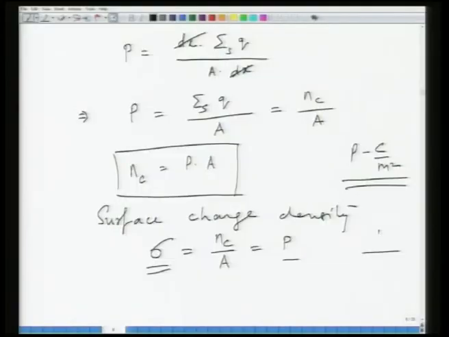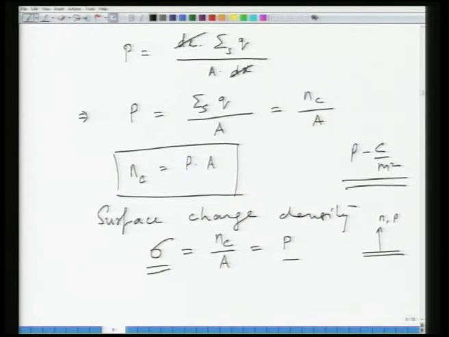Now, we are taking sigma to be equal to P, assuming that sigma and P are in the same direction. If this is your surface and this is your surface normal, then P is also along this direction.